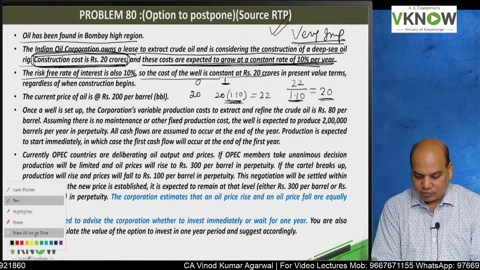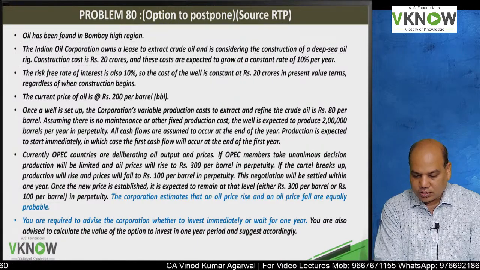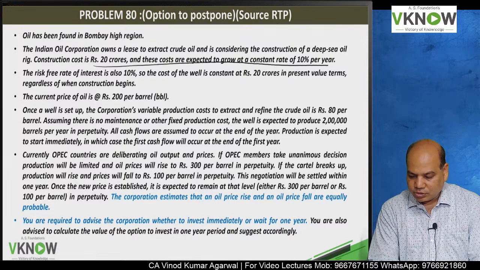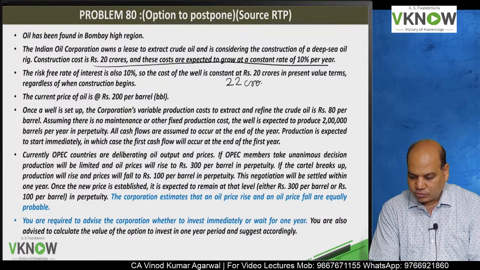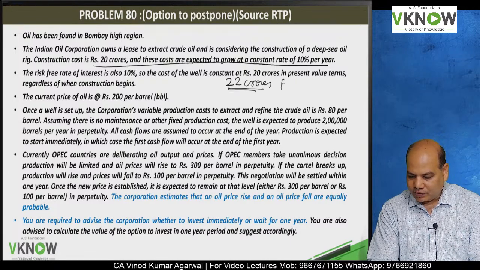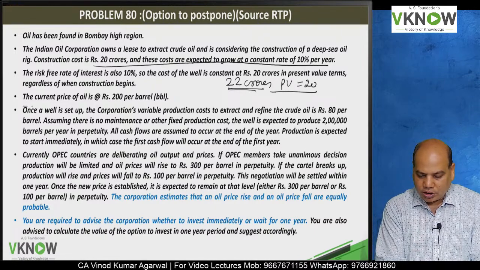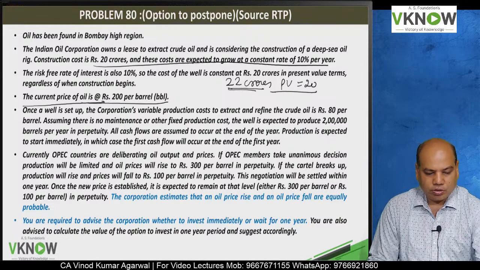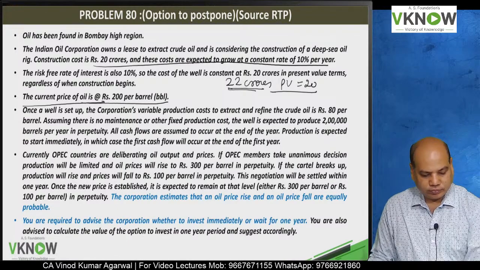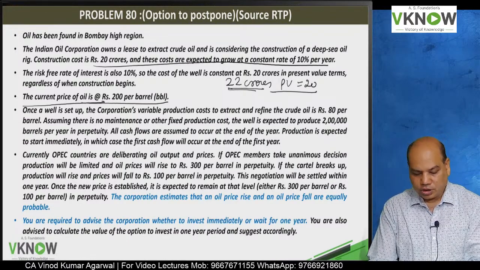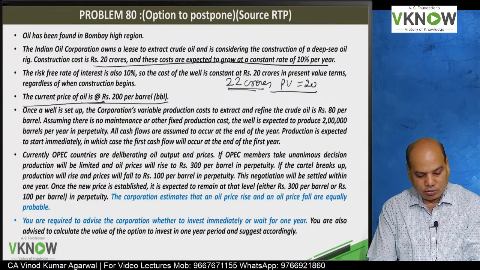So that is the meaning of this line. If you construct it after 1 year, your cost will be 22 crore. In present value terms, it will be 20 crore. The current price of oil is 200 rupees per barrel.